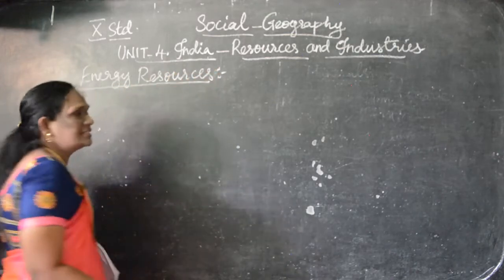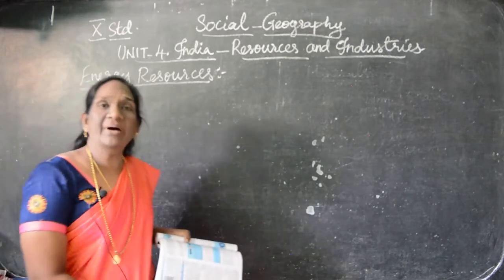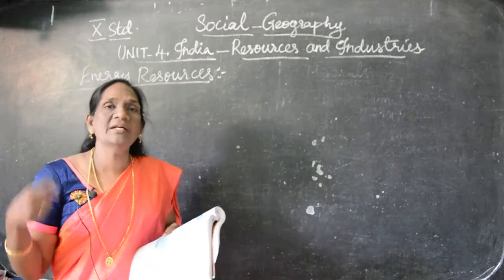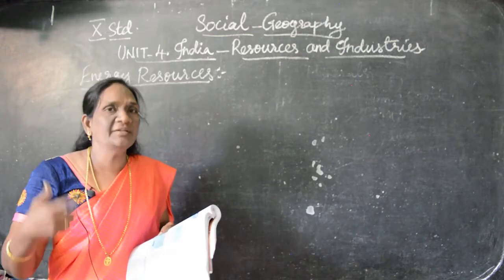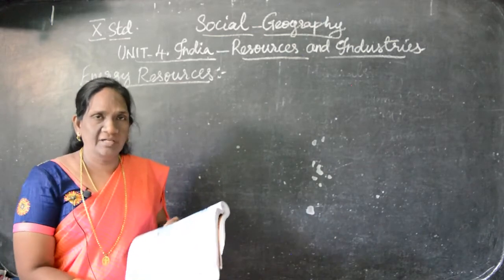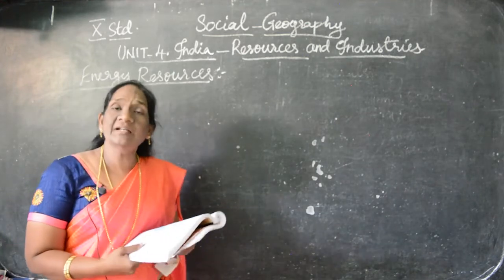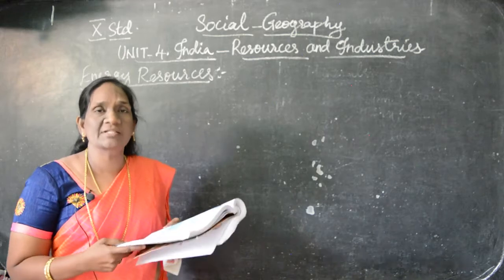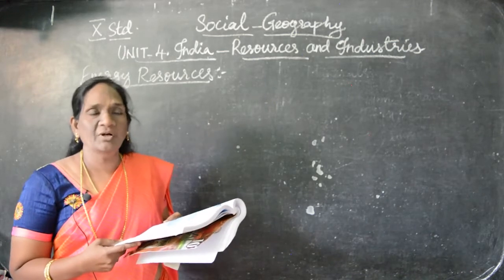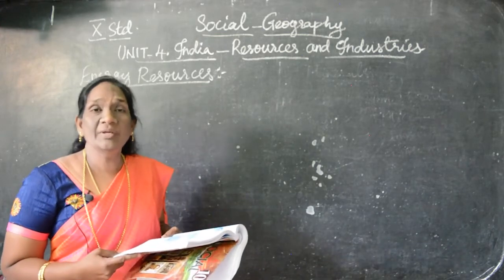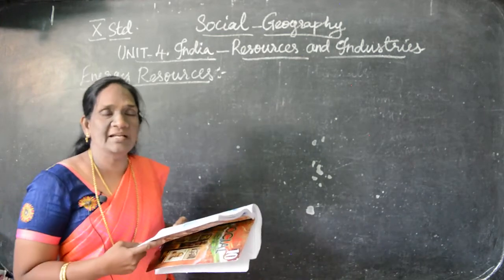Energy means electricity, the power. Power resources, energy resources, otherwise they are called power resources, which means electricity, the power. They are called energy resources. Understand? And this electricity is very important for the development of the country, and nowadays we are using electricity very actively.